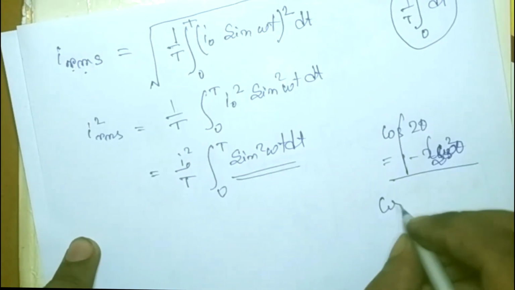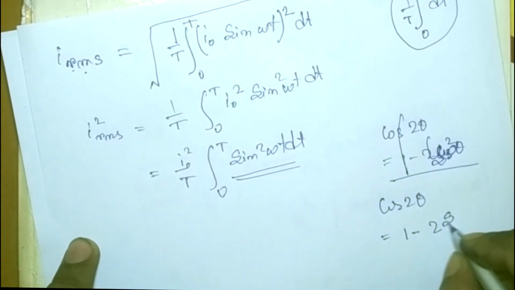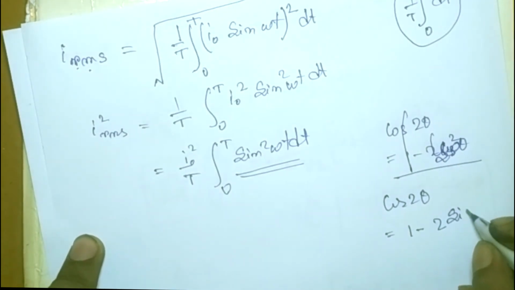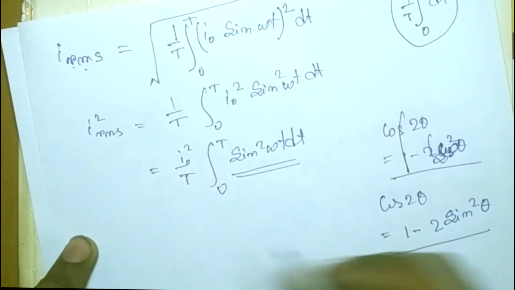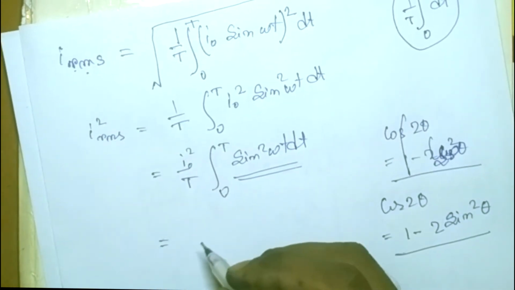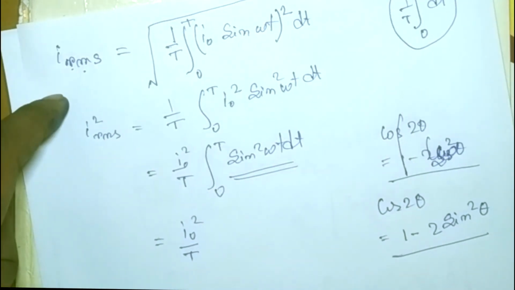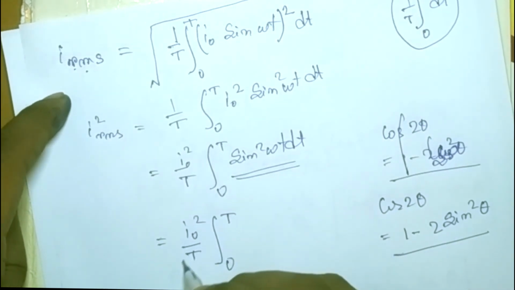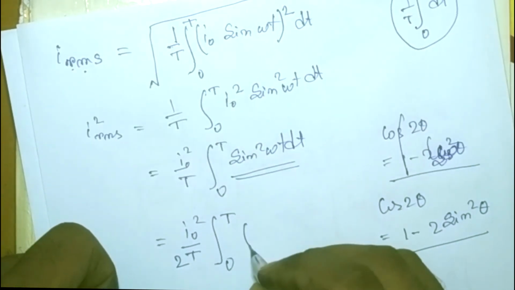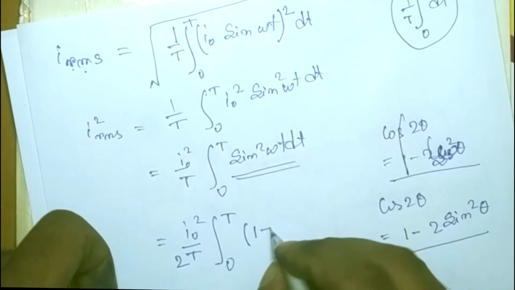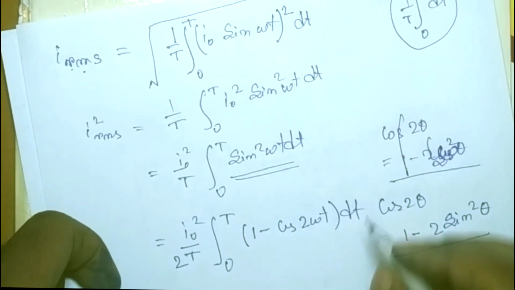Now we will use cos 2 theta equal to 1 minus 2 sin square theta. So this is equal to actually I0 square by T, integral 0 to T, half of (1 minus cos 2 omega t) dt.